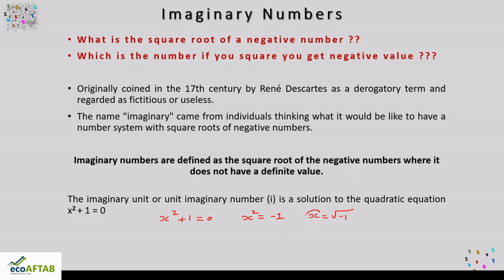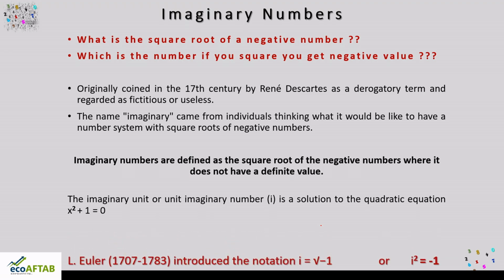This x is imaginary. So x is equal to the square root of minus 1, and this x is what is called an imaginary number.